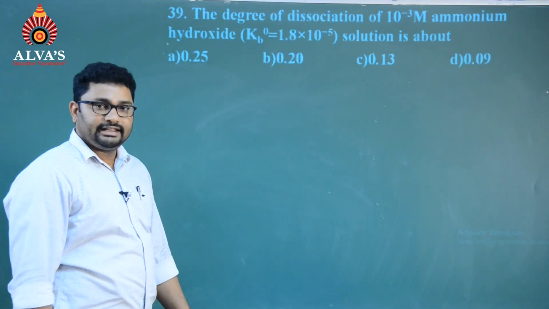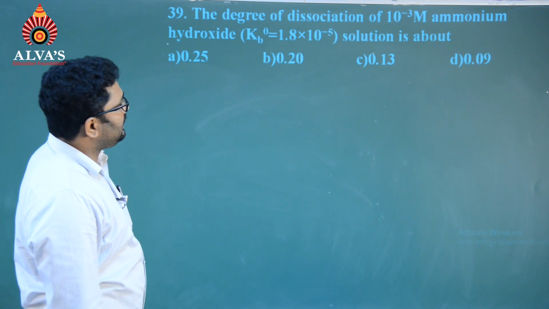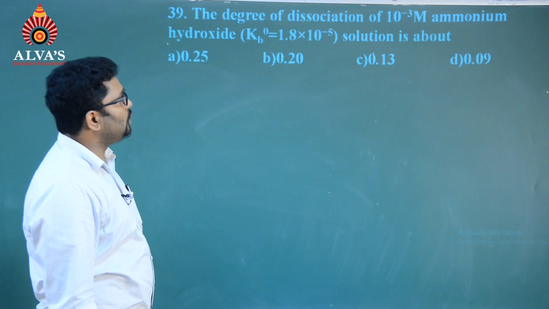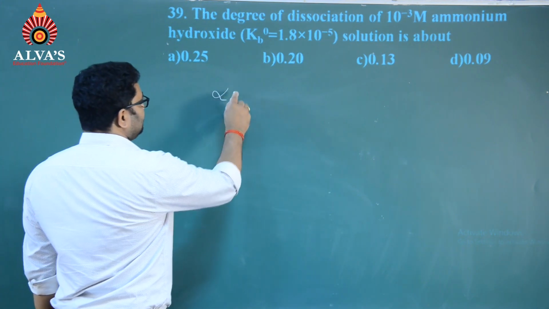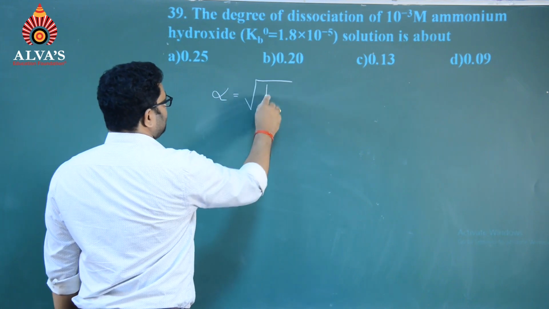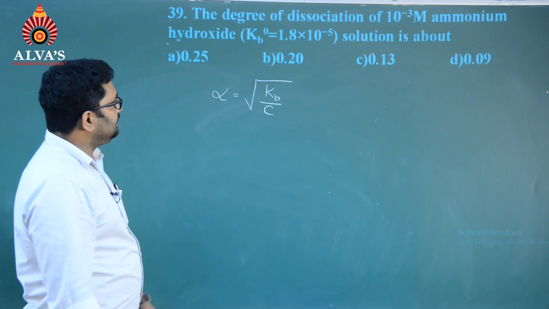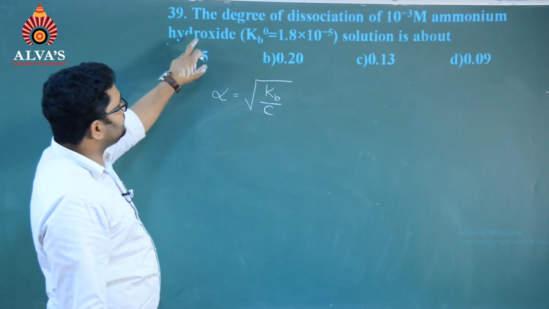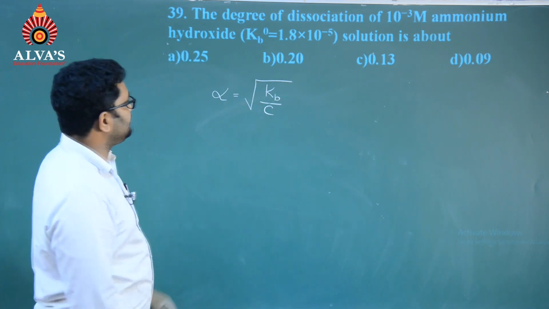Question number 39. The degree of dissociation of 10 to the power minus 3 molar ammonium hydroxide solution is about? The degree of dissociation is alpha. Alpha is the square root of Kb by C. It's an equation. Kb is the dissociation constant of the weak base, that is ammonium hydroxide, and C is the concentration.